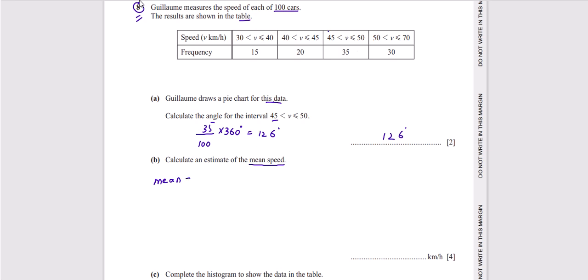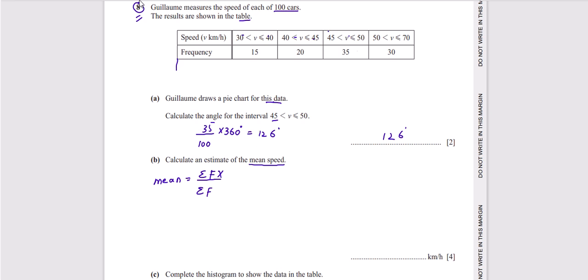Mean is equal to summation of f multiply x divided by summation of f. F is frequency which is given in the table. What is x? X is the midpoint. How do we find the midpoint? Use these 2 points.